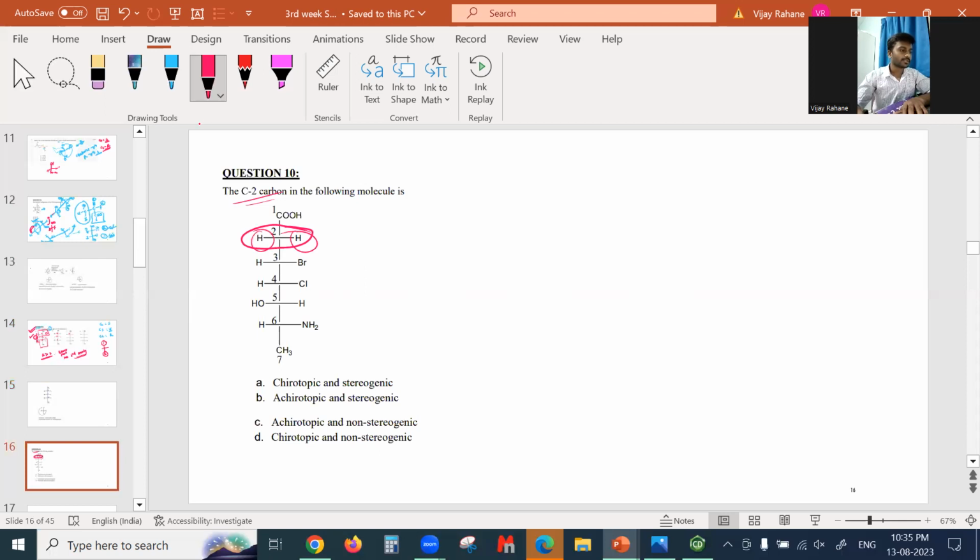This is definitely a chirotopic carbon atom, because the condition for a chirotopic carbon atom is that A and B should be different, and the X may be identical. So this is chirotopic, right? If you replace this X by any other atom, let's say Y, then this carbon atom becomes a chiral carbon atom. So that's why it's a chirotopic carbon atom.